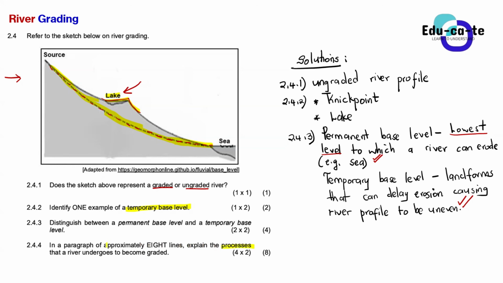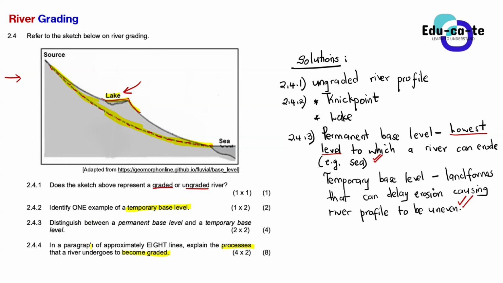So there are more processes that a river undergoes to become graded. So your river wants to move from being an ungraded river profile. For example, the one that we're having right now is an ungraded river profile.